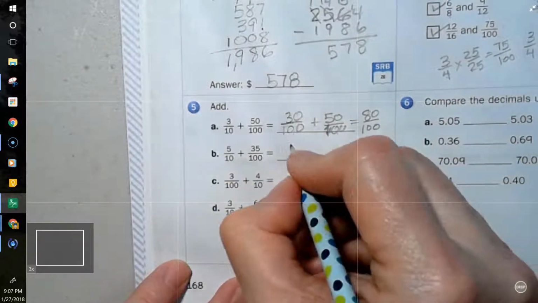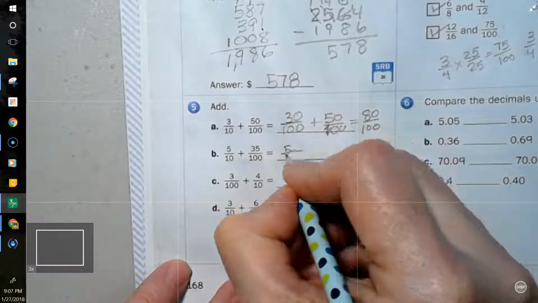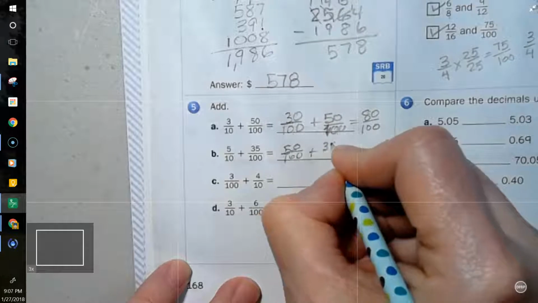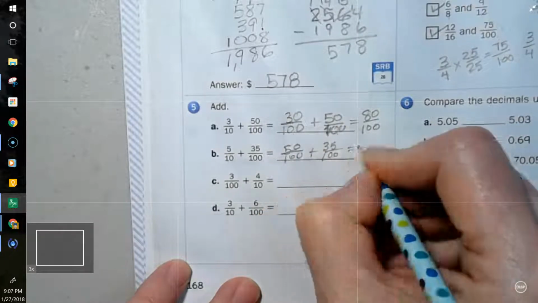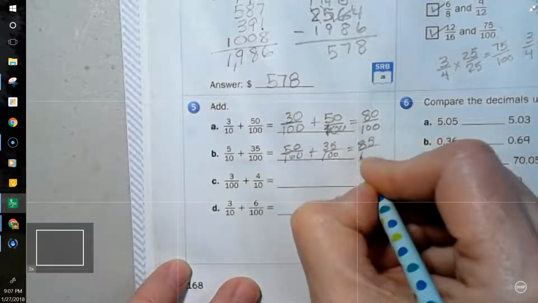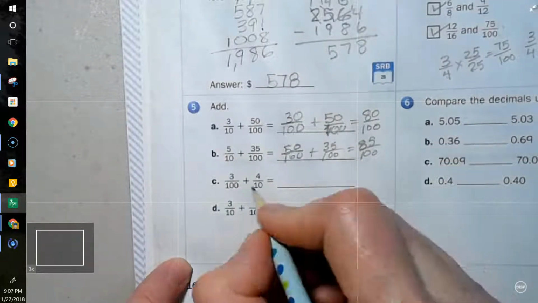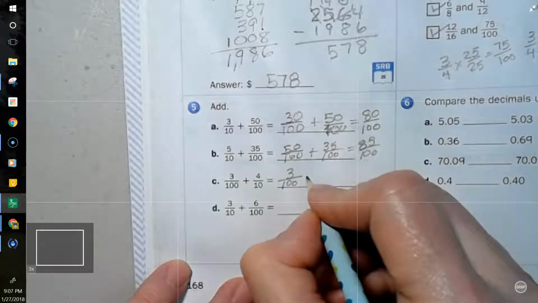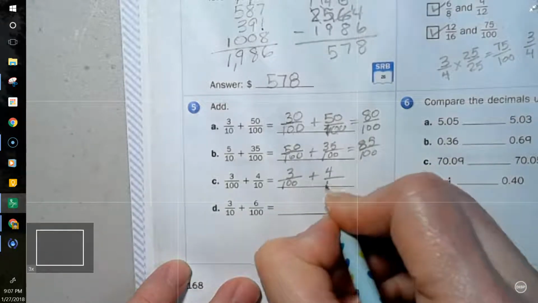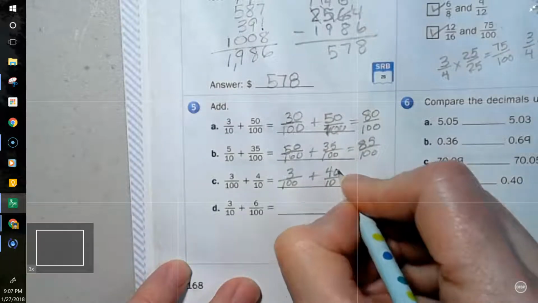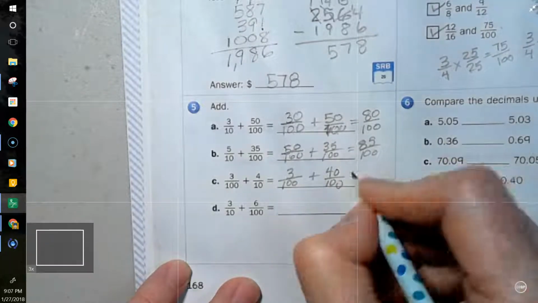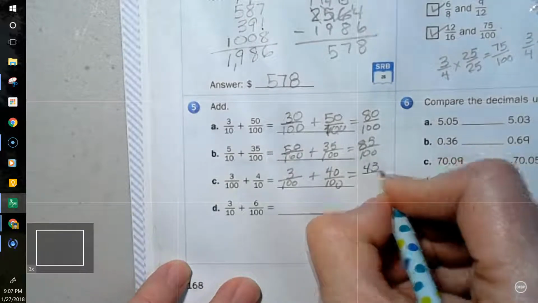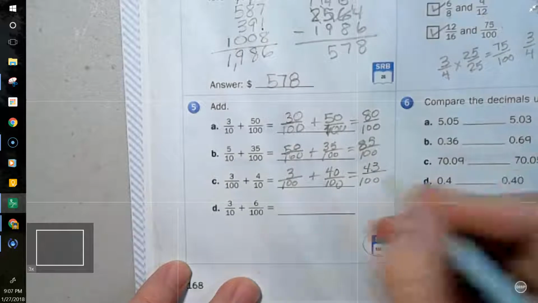Same thing down here. I have 5/10, but that is also 50 hundredths, plus 35 hundredths equals 85 hundredths. Next one, the first number this time is in hundredths, and the second one isn't. 4/10, but again, multiply the top and the bottom by 10, adding a 0, and I get 43 hundredths.